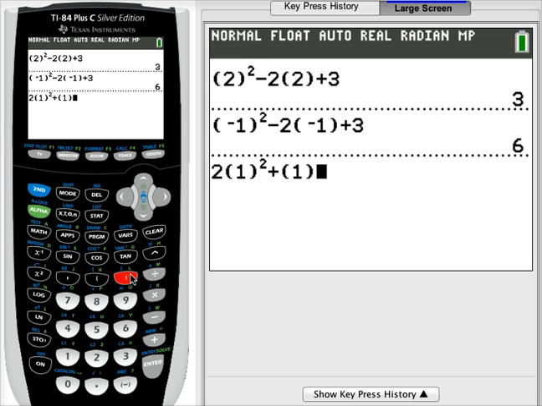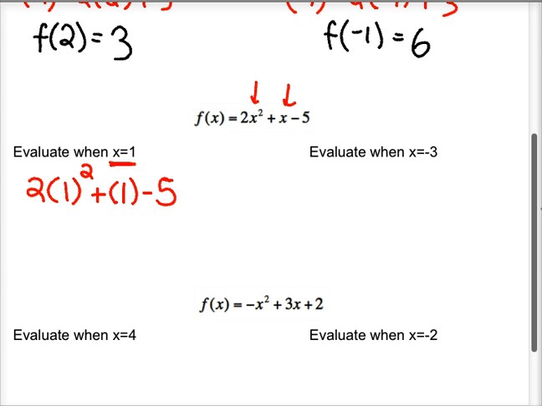Plus 1, then minus 5. So if you type it in just like that, hit enter, and it'll give you the answer. So for this one, when we're plugging in 1, we're getting -2 as our answer.